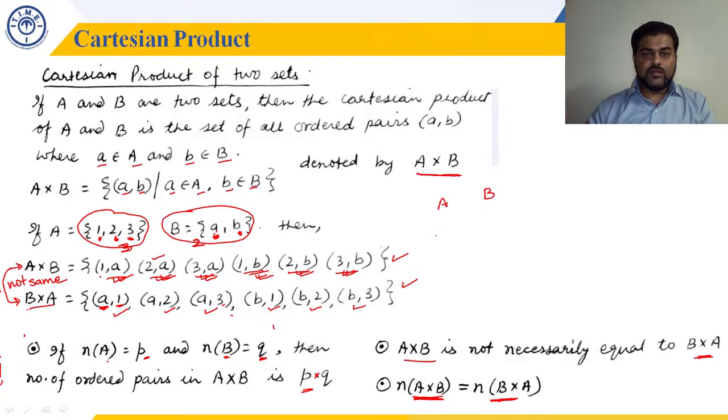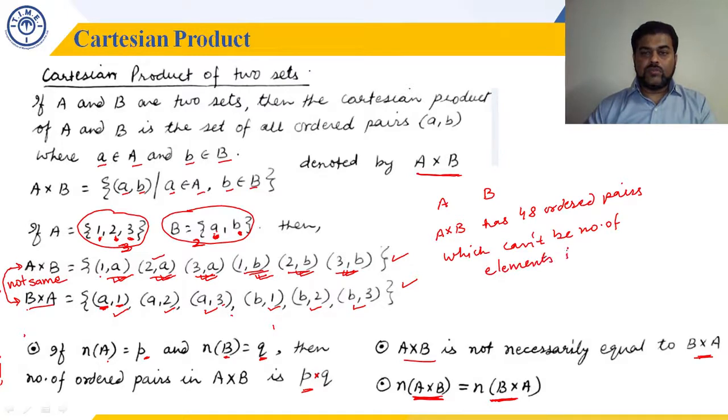If I tell you that A is a set and B is also a set, and A cross B has 48 ordered pairs, which of the following can't be the number of elements in set A?